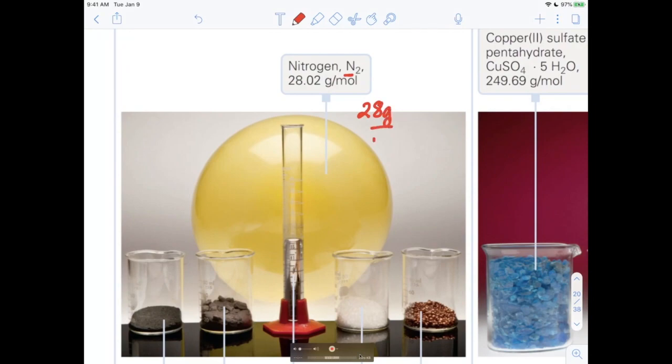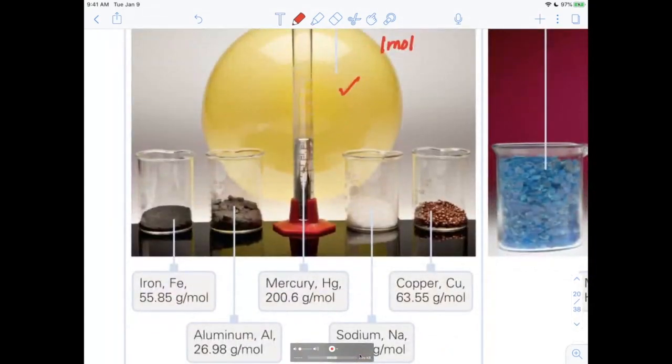When it says grams per mole, it's saying in 1 mole of nitrogen, you have 28 grams. Or to get to 1 mole of nitrogen, you need to measure out 28 grams. Okay, so this is going to be an interesting looking balloon. Inside that balloon, they have pumped in 28 grams of nitrogen. So that's check 1.